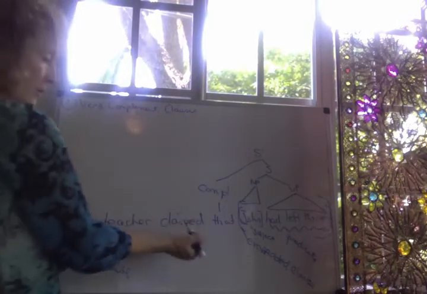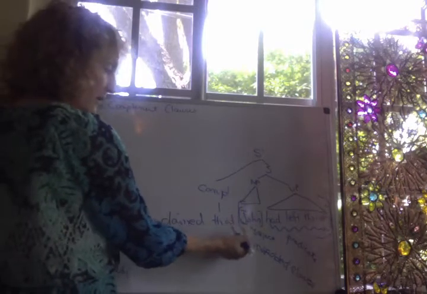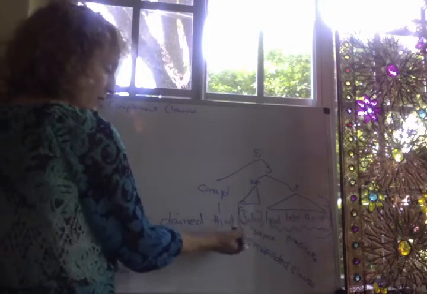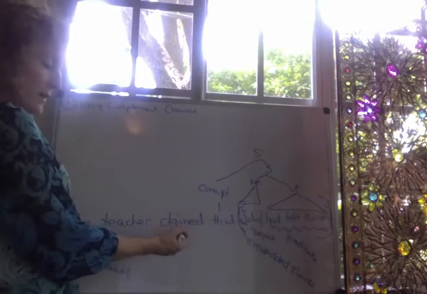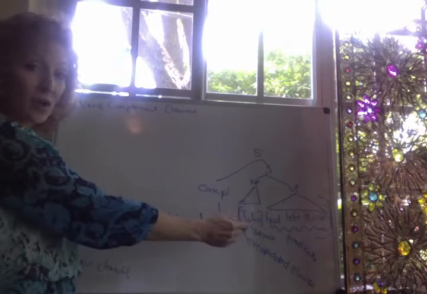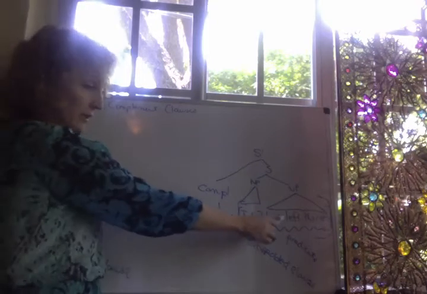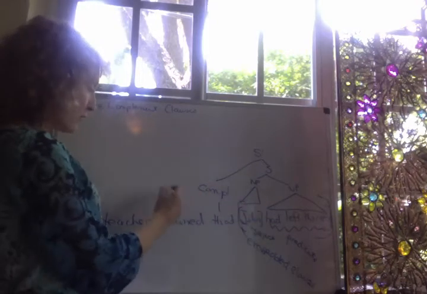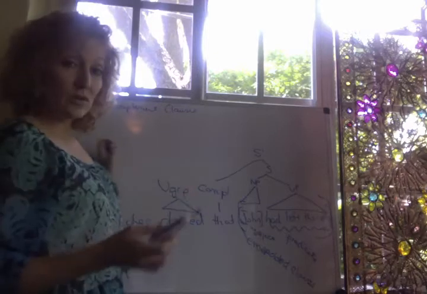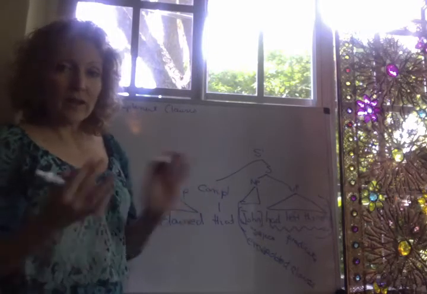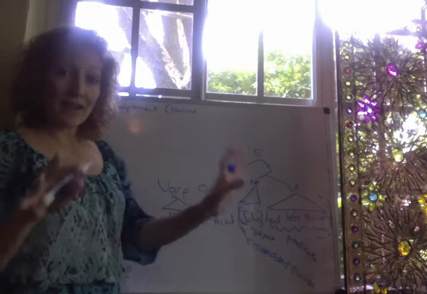Okay, so then we think about what is going on with claim and that John had left the room. The thing that is claimed is that John left the room. So the idea is that claim is taking as a complement that John had left the room. Therefore, we're going to have exactly the same structure that we would usually have whenever we have a main verb taking a complement of any type.